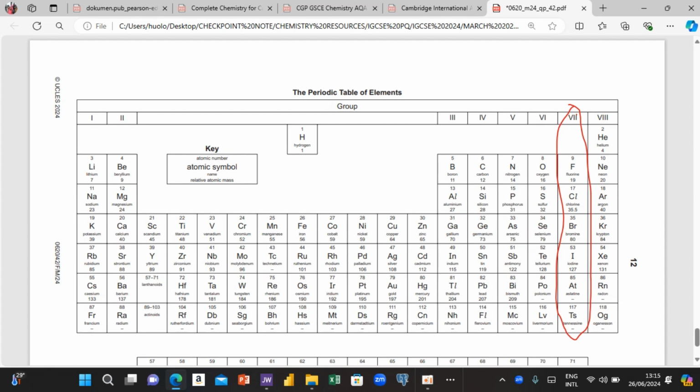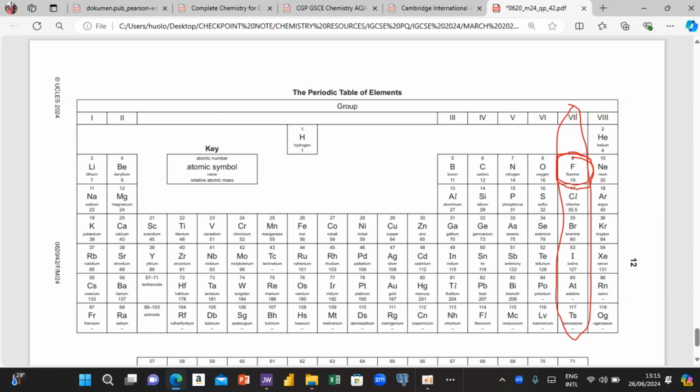So the specific halogen we are looking for is this one, fluorine, which is less dense.